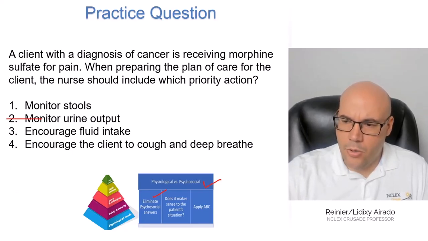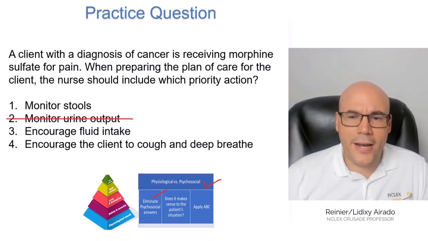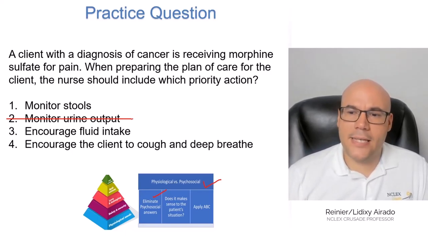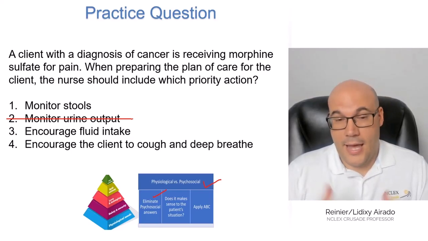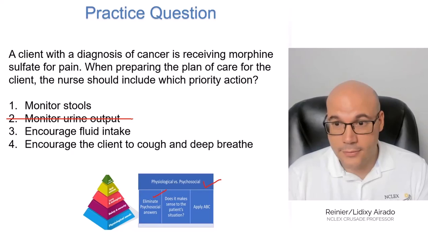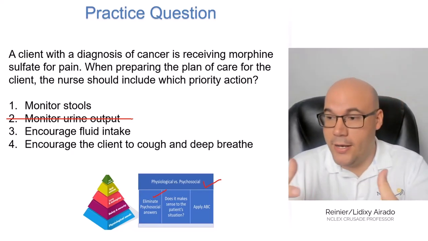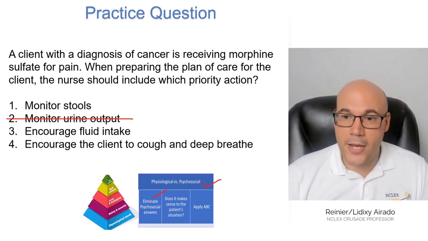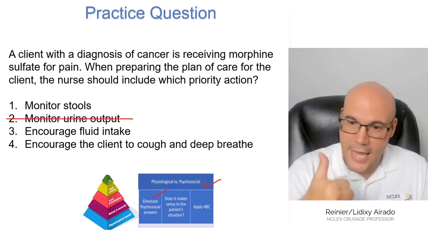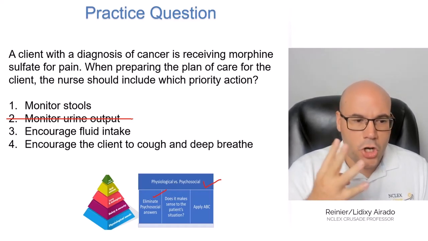So I will eliminate that. Encouraging fluid intake. Does that make sense? Yes. Why? A side effect of morphine is constipation. If I encourage fluid intake, it helps to prevent constipation. Excellent answer. Makes sense.